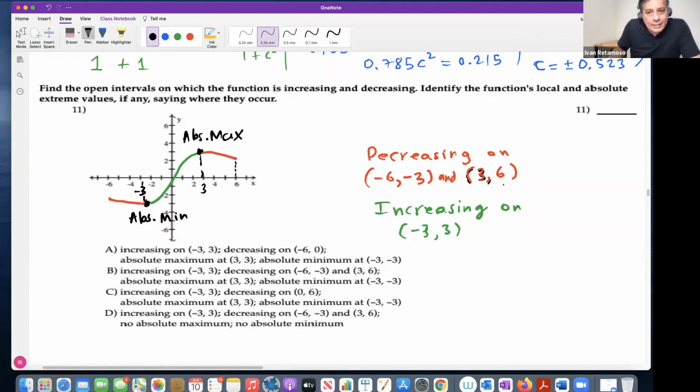So putting together this information with this information, then we should say that increasing on (-3, 3), decreasing on (-6, -3) and (3, 6), absolute maximum at 3, right? At 3. Absolute minimum at -3. So this is the one we have to pick, right?